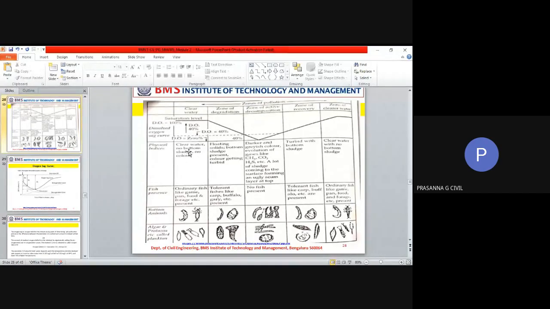Once you have introduced your sewage directly, or whatever manner you have introduced it into the river, you will find a lot of floating solids and bottom sludge, because some of these solids will be heavy and they will settle down at the bottom of your river or stream, and slowly the color of water will start changing, and you will see that the water is getting murkier and turbid. Understood? So with respect to that, you will see a change.